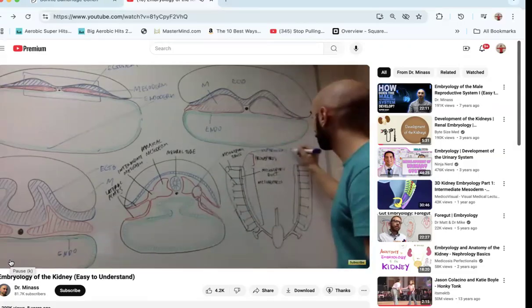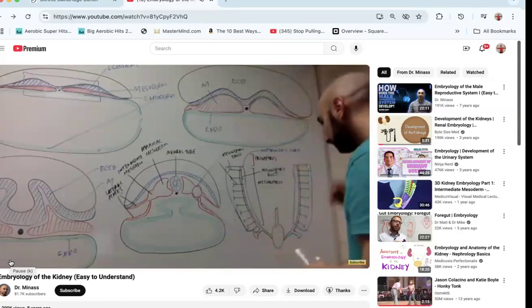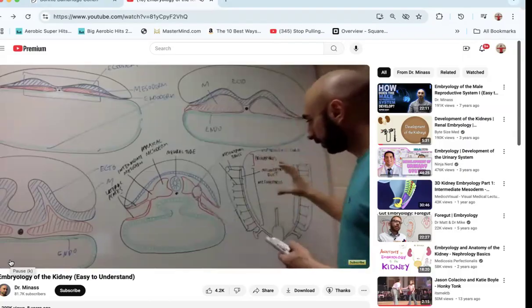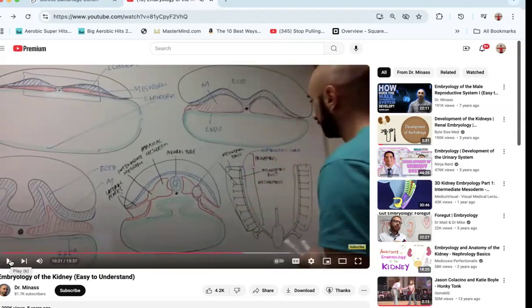What is the nephrogenic cord? It's just mesenchymal tissue, and that will help develop into other structures that we'll go through. I think in Bonnie's pictures, that's called the genital ridge. I could be mistaken. I don't think he uses that term, but it looks pretty similar to what we have in our drawings.